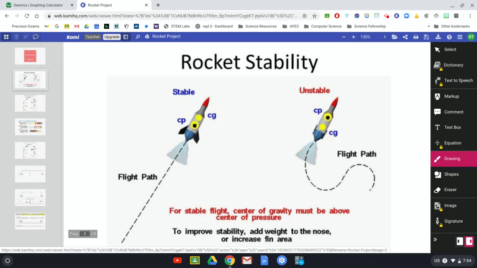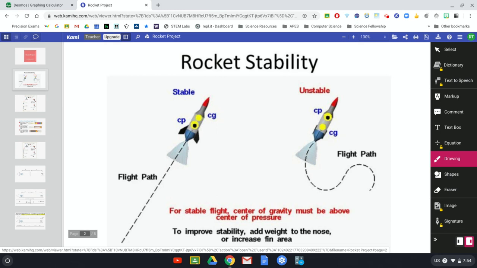For this video, we just want to focus on the center of gravity. We want our center of gravity to be higher up on the rocket than our center of pressure. In this case, the center of gravity is the solid yellow circle, and the center of pressure is the yellow circle with the black dot in it.